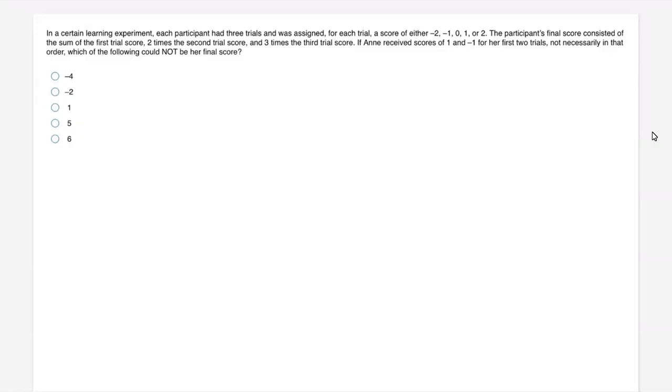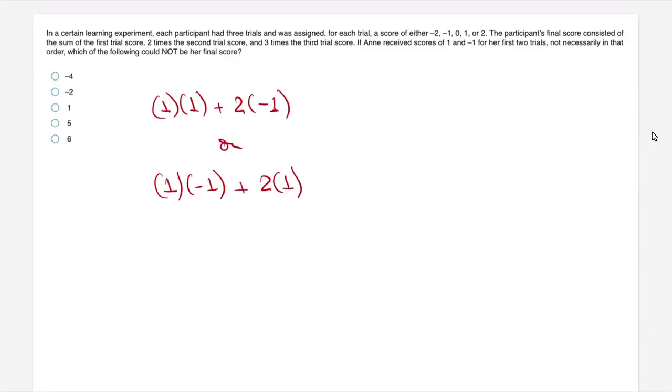Okay. So she got 1 times 1 plus 2 times minus 1 for the first two, or 1 times minus 1 plus 2 times 1. So here the score to the second trial is minus 1, here is 1.